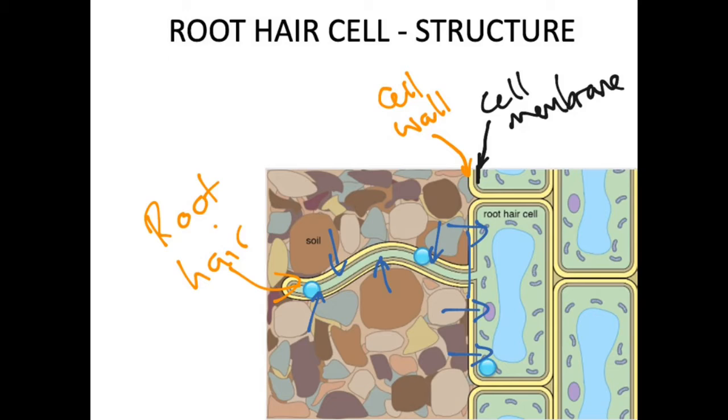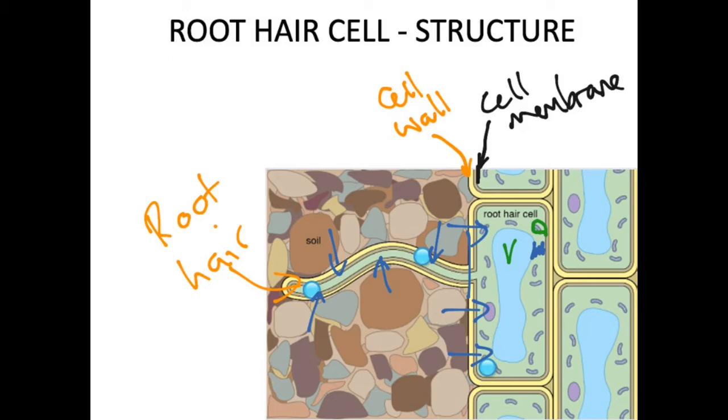Then inside we've got the cytoplasm here, then this is the vacuole, and these little components there, what are they? Chloroplasts? No, of course not, because root hair cells are under the ground in the soil. There's no light, so they wouldn't need chloroplasts.